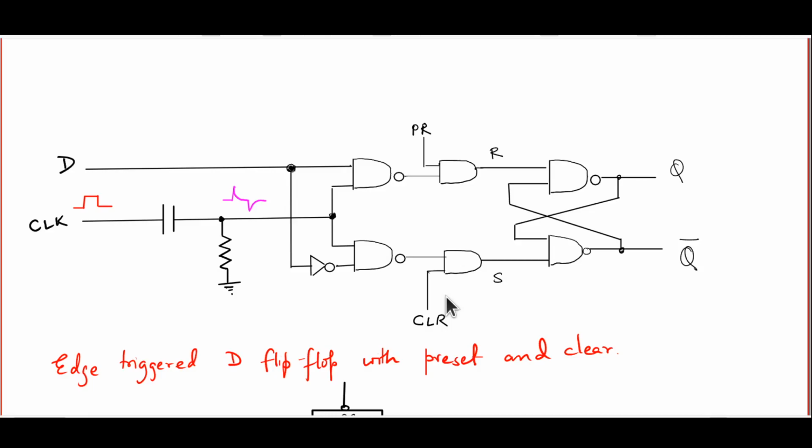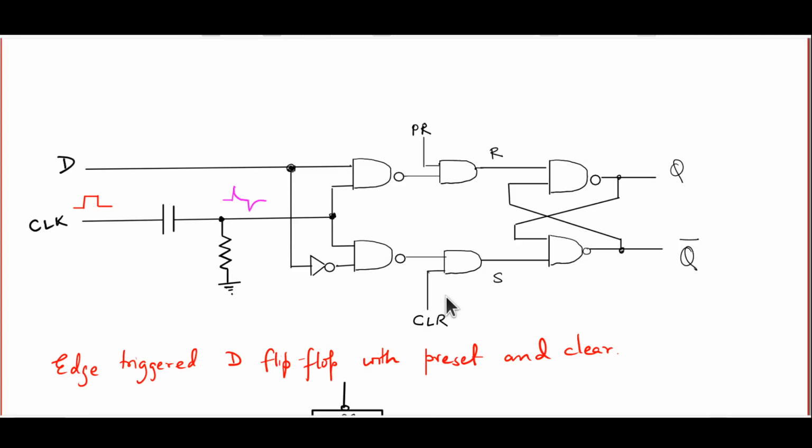So what exactly do PR and CLR do? Note that when a computer starts up, all of its thousand flip-flops essentially start up in some kind of random states. That's basically because of inherent fluctuations inside the circuit and transient effects.